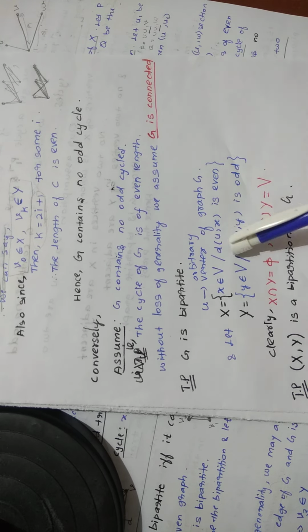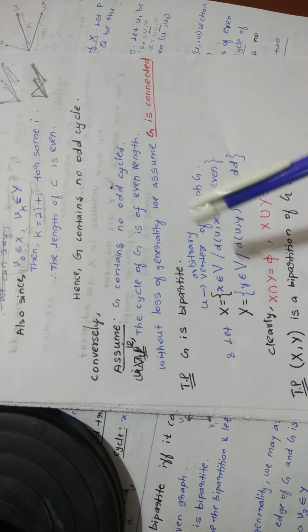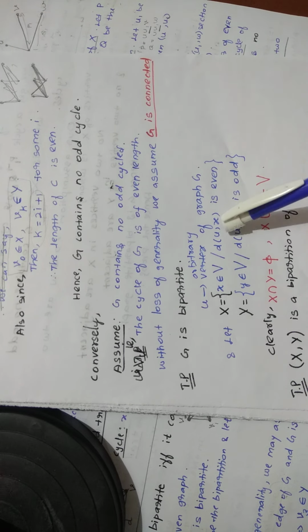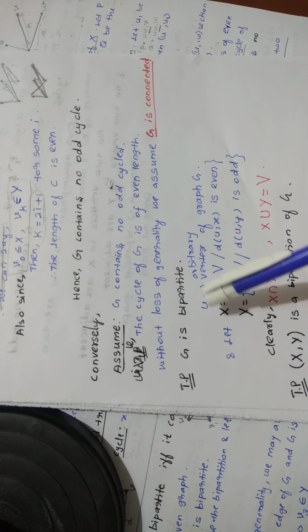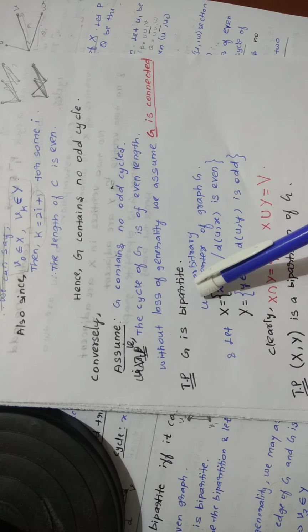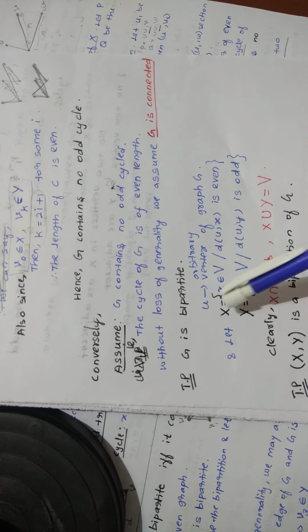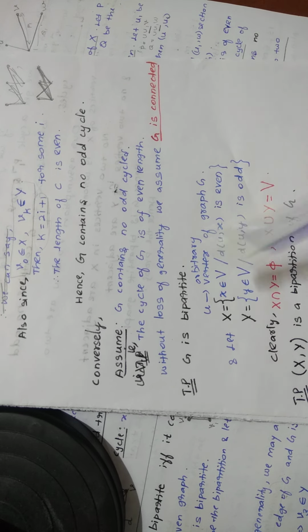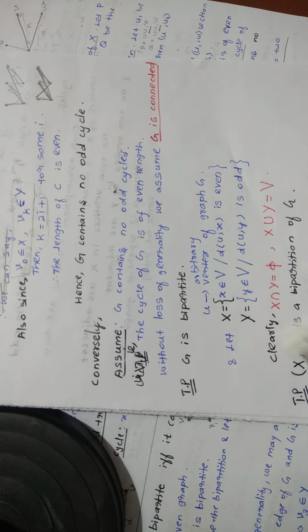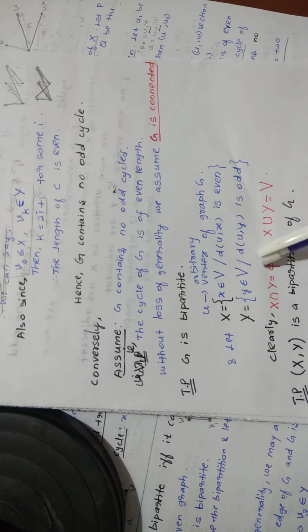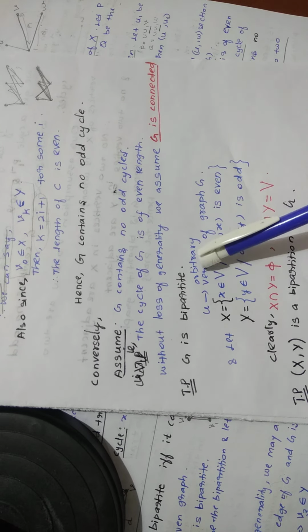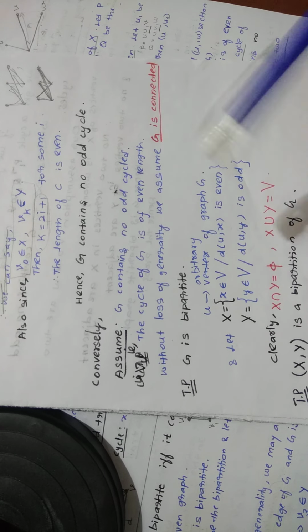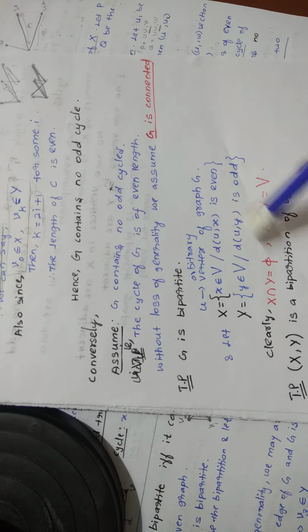It means that if you find the distance between this arbitrary vertex u and any other vertex x, and the distance between these two is even, then x is in the set X. And also let Y be the set of all y belonging to V such that the distance between u and y is odd, then y is in the set Y. This is how we are assuming, this is the let condition.